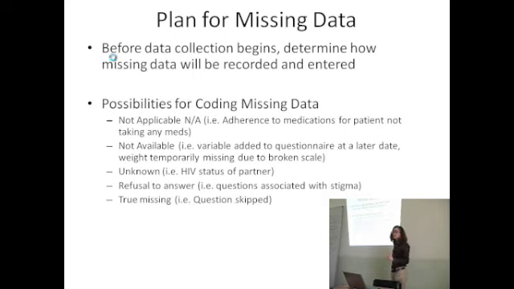Instead of just leaving it as missing, you may want to say it's missing because it was not on the form at the time. Another example is that sometimes machinery breaks. If a clinic is without a scale for a week, you may want to have a special category saying that the data were not available, as opposed to just leaving a blank for the weight.